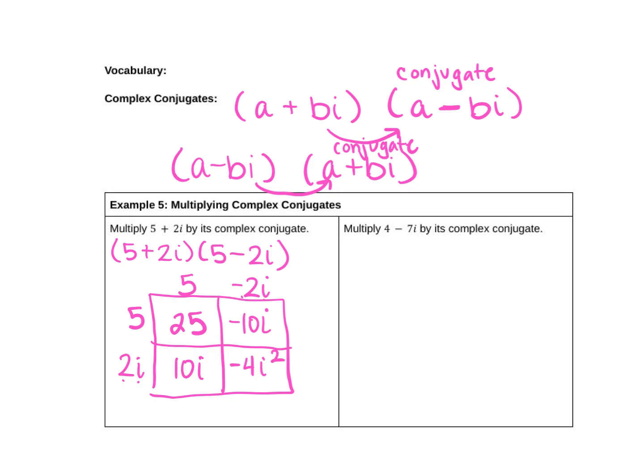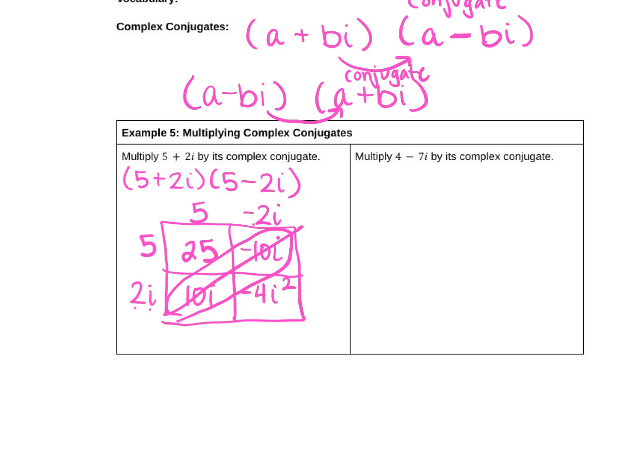Okay, now we got to do our combining. 10i and negative 10i. What's going to happen there? It cancels. And then we got to do our replacement. i squared is the same as what, Yesel? What did we say? Negative 1, that's right.